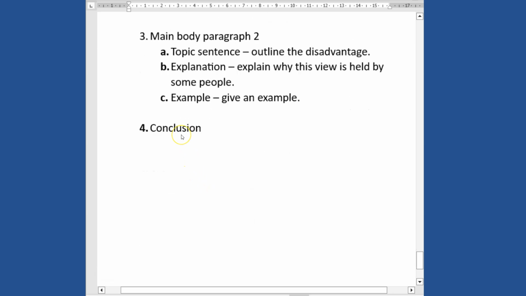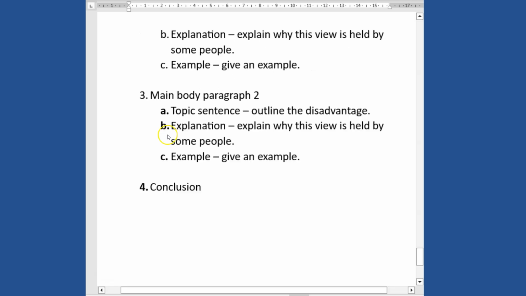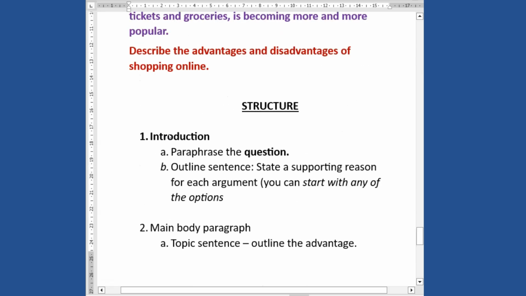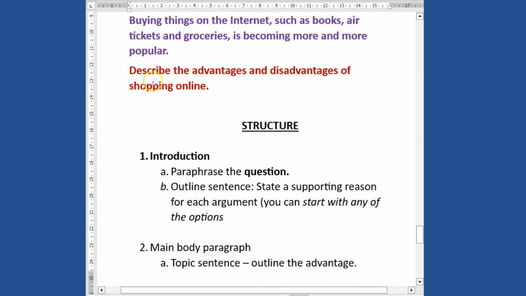Finally, in the conclusion, we summarize everything, stating the points that we relayed in the body paragraphs. Please try as much as possible to remember, when you are not asked to give an opinion, you don't have to state any opinion in your essay. As you can see in this question, we have not been asked to give any opinion. We are only told to describe the advantages and disadvantages.